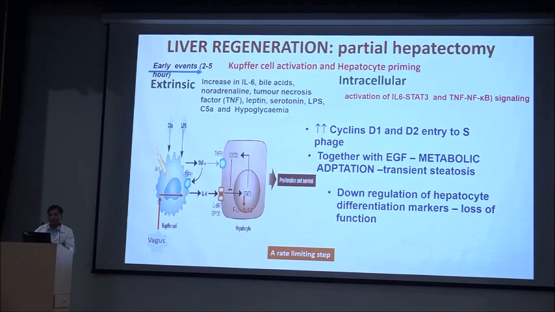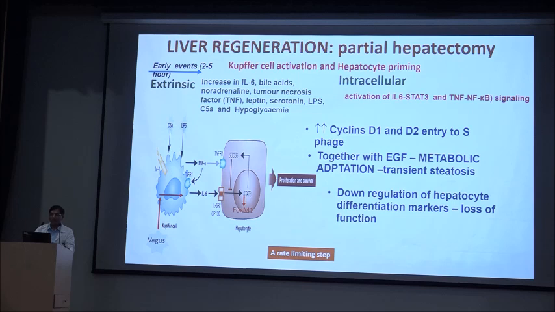What it basically does is increase the transcription and translation of cyclin D1, which is required for cells to enter the S phase of the cycle. Together with other mitogenic factors, it also helps in metabolic adaptation, particularly transient steatosis, which is a very critical component, and it also leads to downregulation of hepatocyte differentiation markers and loss of function.